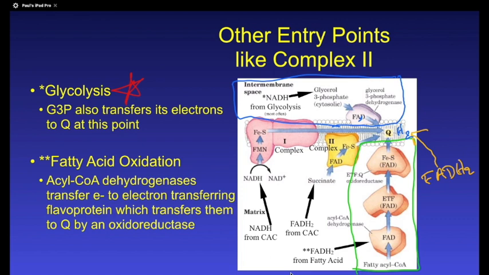Remember, the energy is converted into that differential or that proton gradient, and here I have energy flowing, but I get no net energy to make ATP. Okay? Anytime the electrons are carried by FADH2, I am going to get less ATP out of the system than if I carried it through NADH only. Okay?